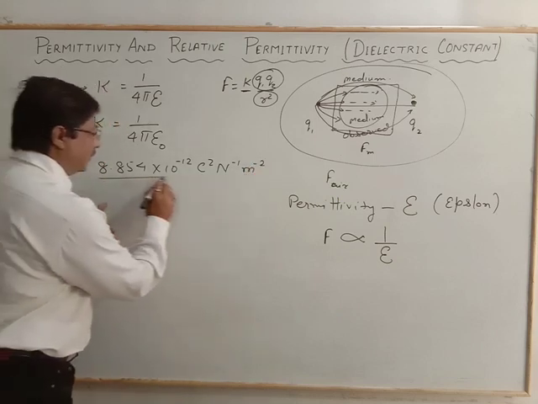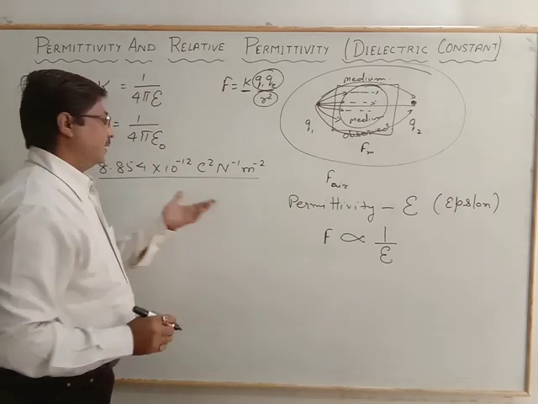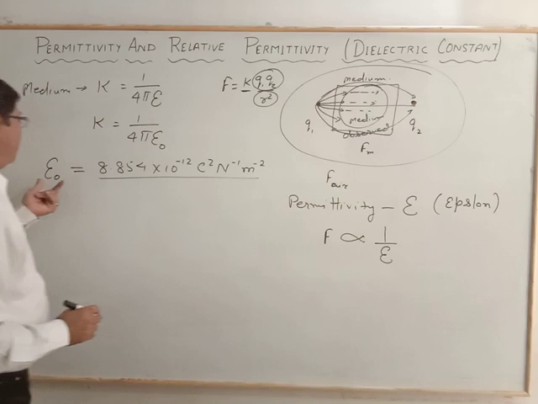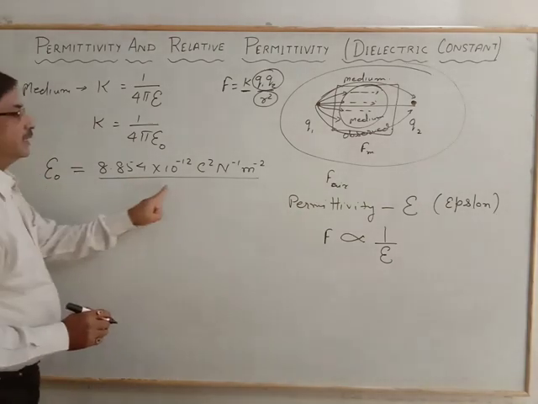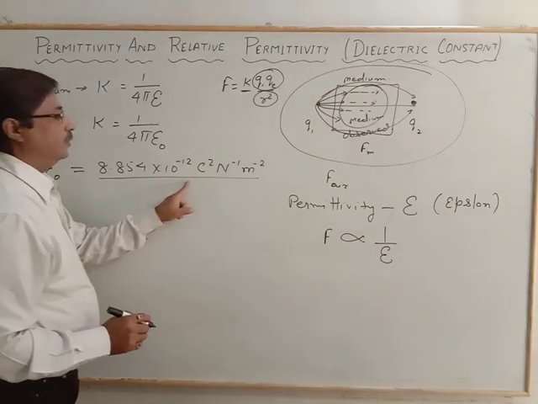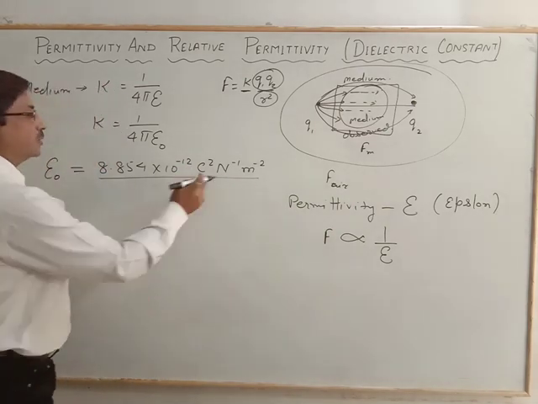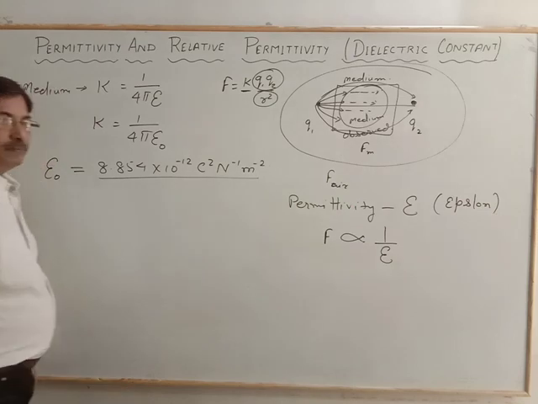So this value we will study in the higher classes, how it comes, but here we have the relation. We have the value epsilon naught in air, that is 8.854 into 10 to the power minus 12, with the unit Coulomb square per Newton per meter square.